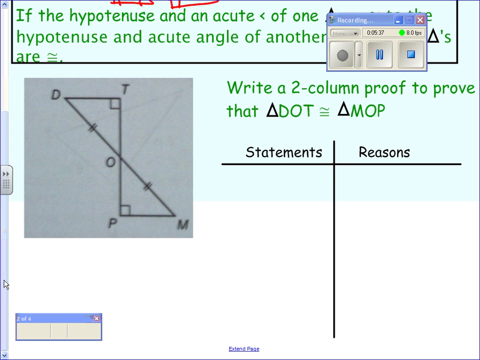We want to write a two-column proof to prove that the two triangles are congruent. Do you agree?